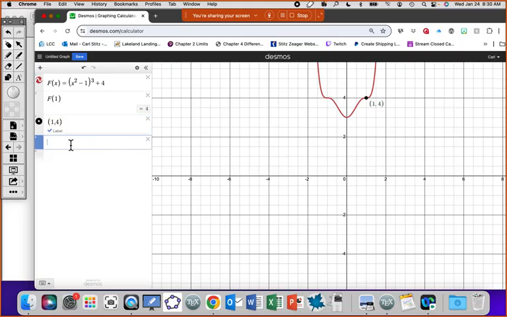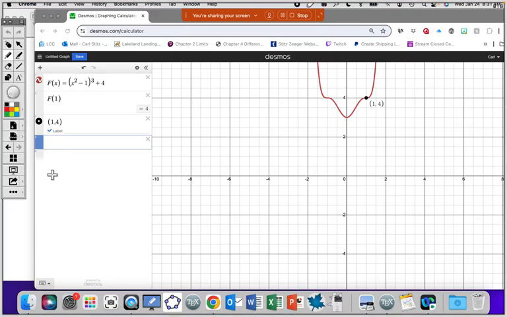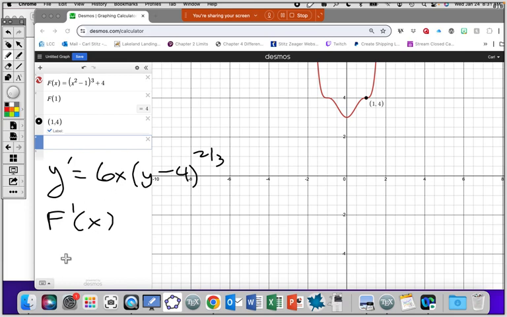And now let's check that the function satisfies the differential equation. So if you look at the differential equation, y prime is supposed to equal 6x times (y minus 4) to the 2/3 power. Okay, so we're going to look at f prime of x on Desmos. We're going to graph that, and then we're going to graph 6x times (f of x minus 4) to the 2/3, and these two graphs should match up.